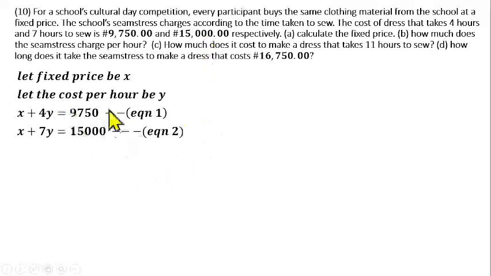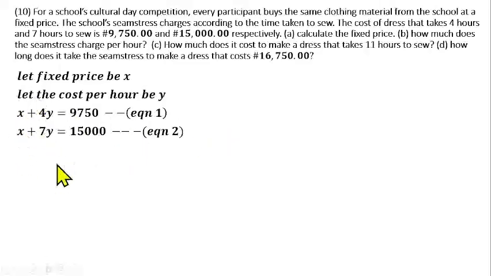We can solve these two equations simultaneously to find the fixed price and the cost per hour. Since x is the same in both, we can subtract equation 1 from equation 2.